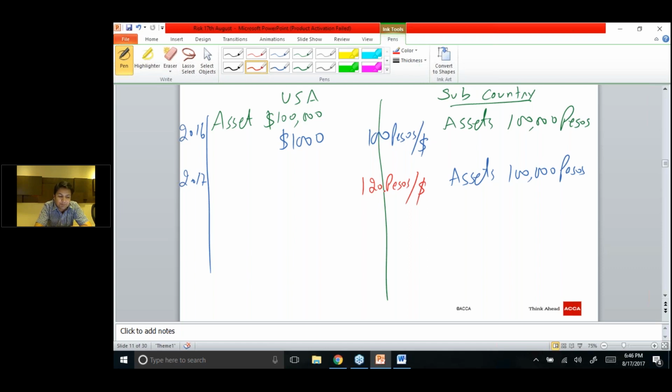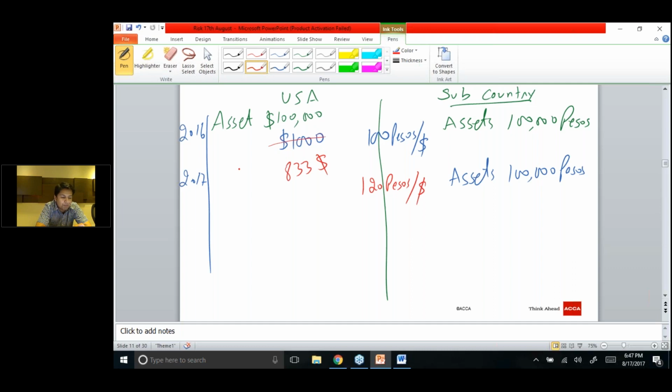In this scenario, if your subsidiary currency depreciates, when you convert that 100,000 pesos at 120 pesos over dollar, now the asset value will decrease to $833. So if the subsidiary is in a depreciating currency environment, the subsidiary assets will lose their value on translation. That is translation risk.